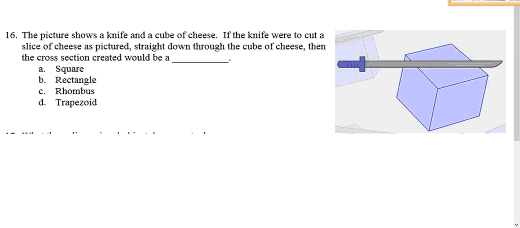Here we have a knife, kind of looks like a sword, about to cut into this cube of cheese. So they're going diagonally. You can see it's a little bit diagonal right there. But it says that they're going to go straight down with the cheese. So that means the cross section would look something like that.